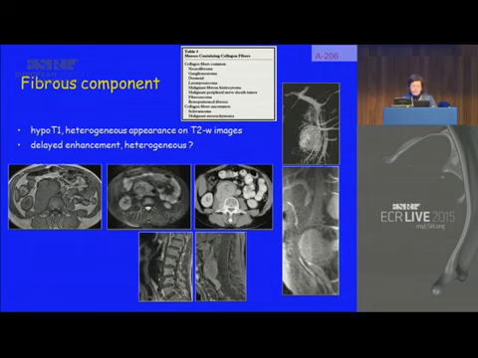A fibrous component may be seen in numerous tumors, mainly neurogenic tumors, but also desmoid tumors, leiomyosarcomas, and other more rare tumors. They usually show hyposignal intensity on T1 weighted images and a heterogeneous appearance on T2 weighted images and a delayed enhancement, as you can see here.